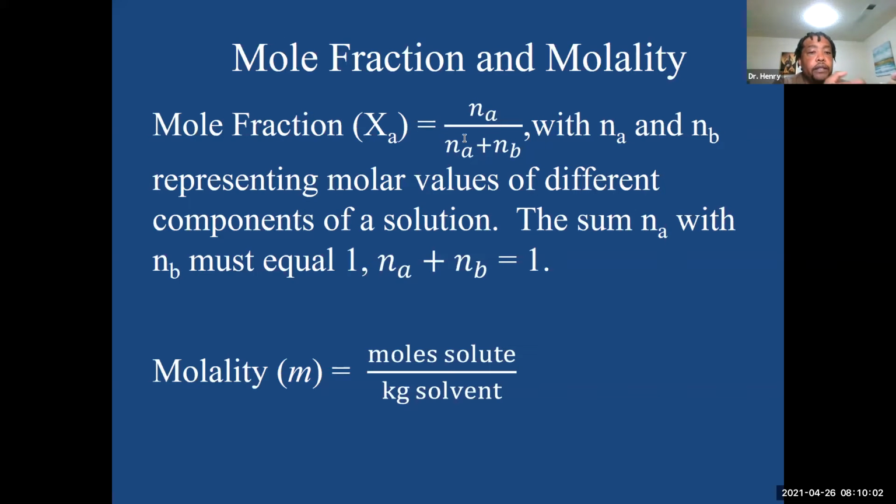That would be your mole fraction. Now your mole fractions, XA and XB, should equal 1. That makes sense because it's a mole fraction. If you have part of one and the other part of the other and you add them together, that should equal 1, right?